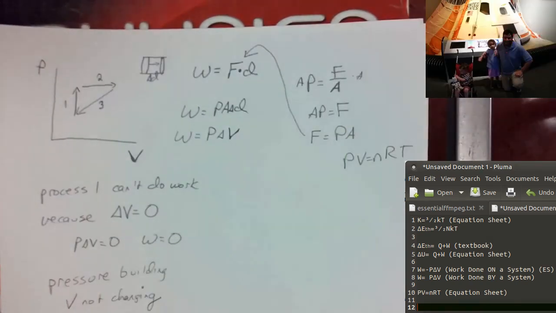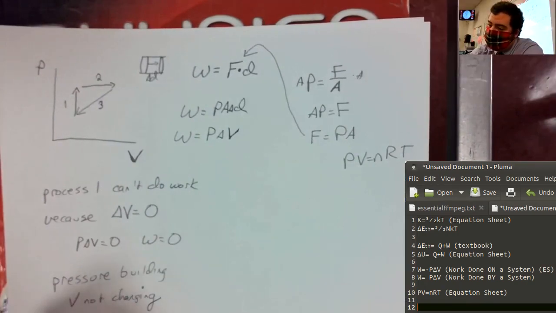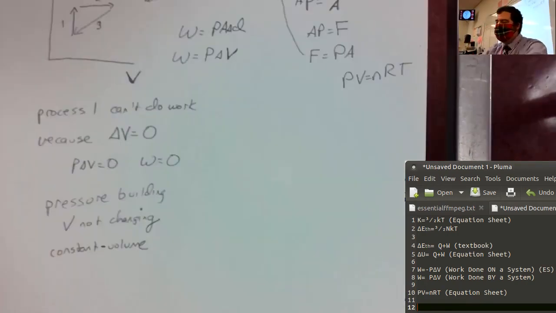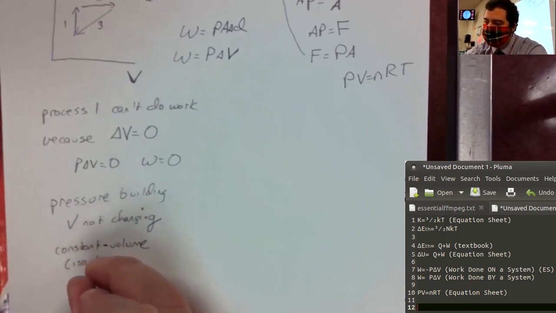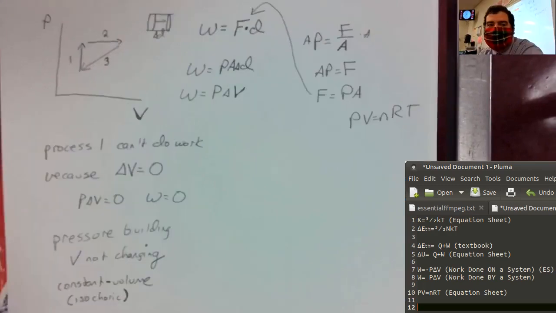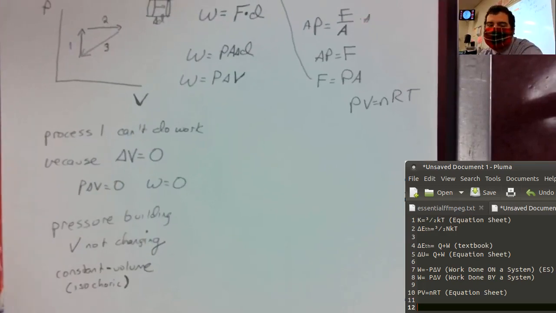This would be like us heating something up in a sealed container. What we call that is constant volume. I'll put the word up, but again, you're not responsible for this, but just in case you've seen it, isochoric. What do we do at processes 2 and 3? They clearly both can do work.